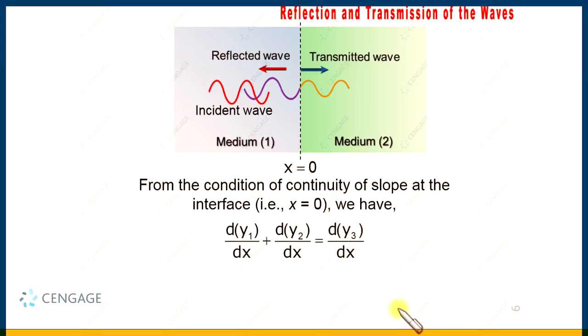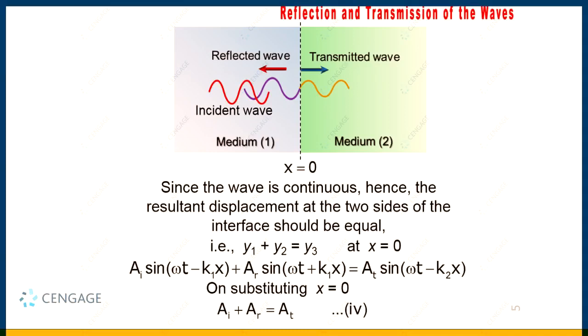Now, we have y1, y2 and y3, and we need to differentiate these with respect to x. Remember, there are two variables here, t and x, but we are considering a certain instant of time, which means t is constant. If t is constant, we can differentiate partially.